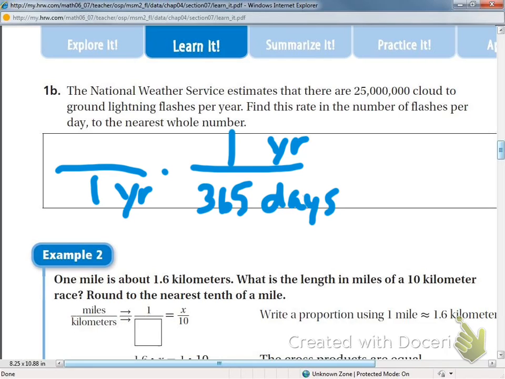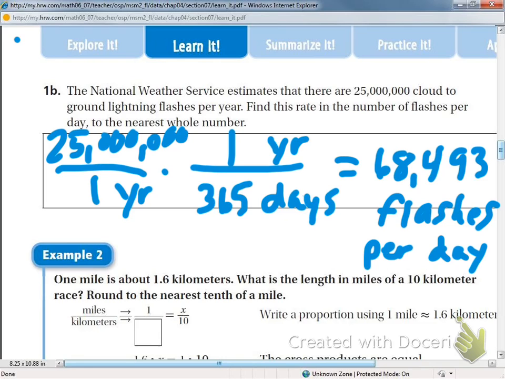So if there are 365 days in a year and there are 25 million cloud-to-ground lightning flashes per year, solve this problem. So you should have found the problem's answer was 68,493 flashes per day. That is correct.